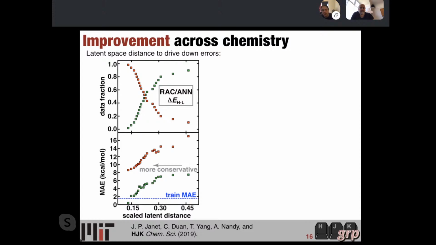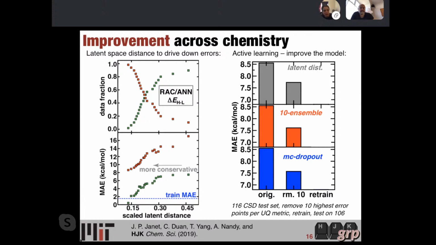The main reason it outperforms ensembles here on the slide is because sometimes the ensembles can be overconfident or struggle to distinguish the highest error points from the moderate error points. So intuitively, if a point is far in latent space, then it should also be one that the model knows very little about, if the model is well trained.